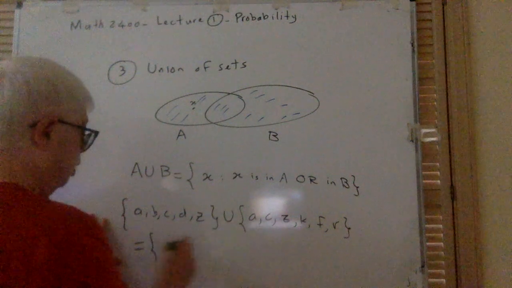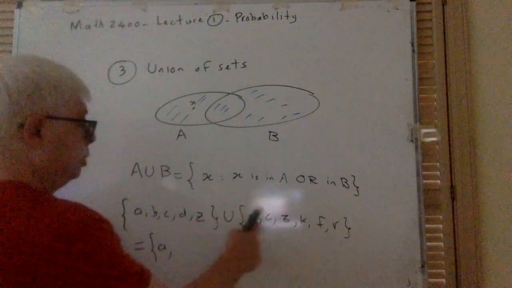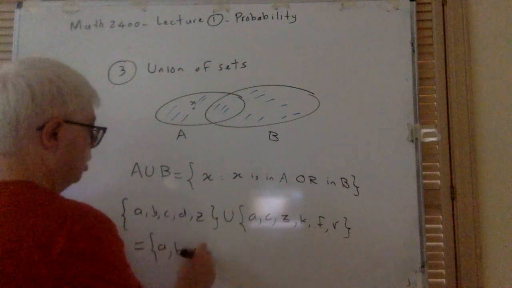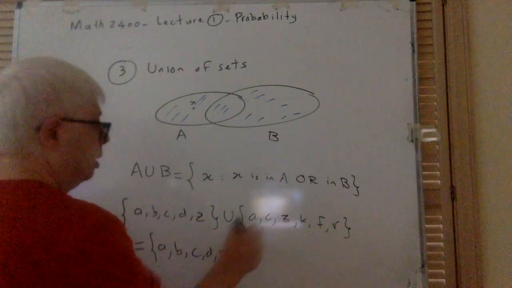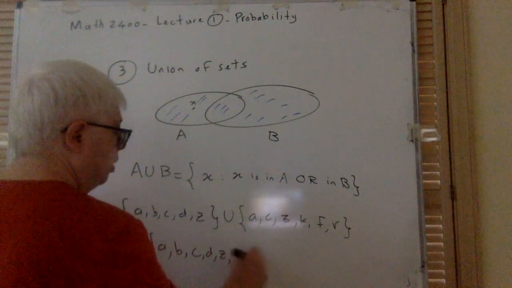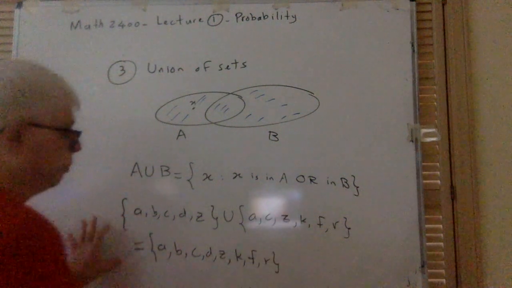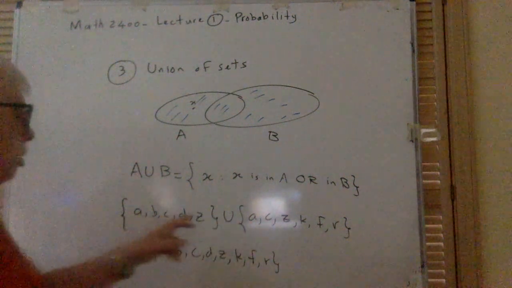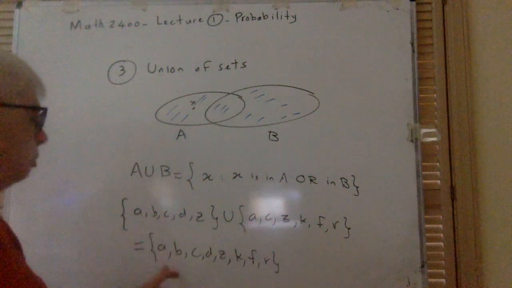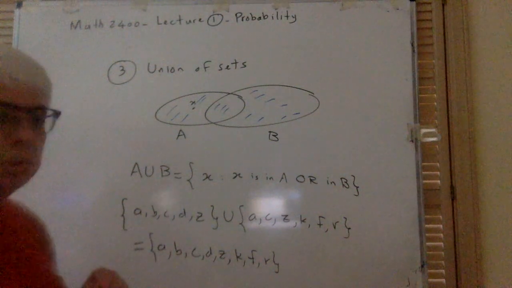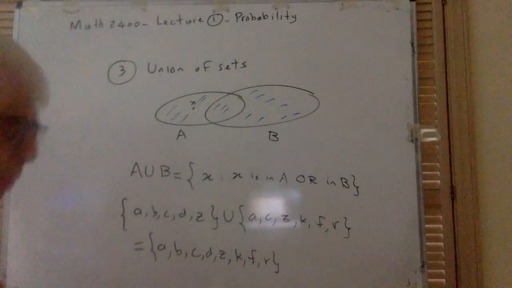A and A, you write it one time. B is here. C, you write it one time. And D and Z, and A, C is here, there's a K here, and there's an F here, and there's an R here. Okay? So the ones that are common between the two sets are written one time.